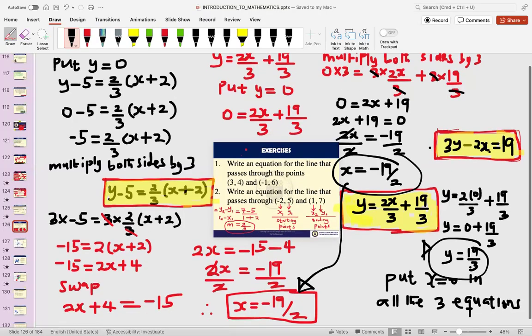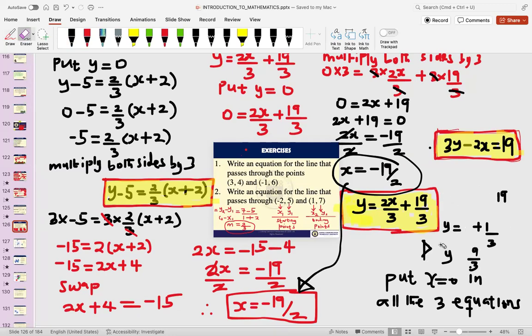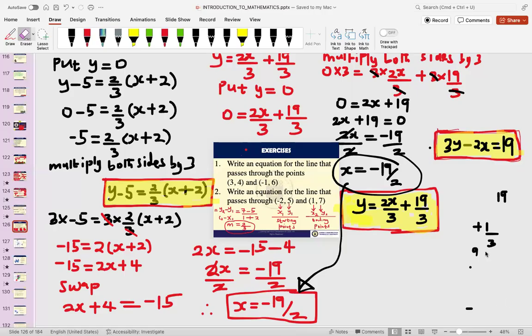Let's end it with the final equation here, the third equation. 3y minus 2x is equal to 19. Same principle. Wherever we see y, we put 0 to see what will happen at the end of the day. So we keep going, put y equals 0.